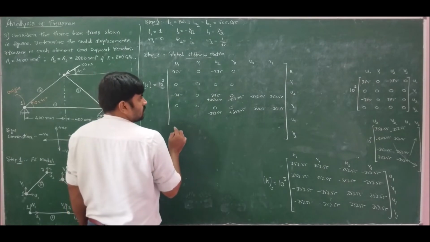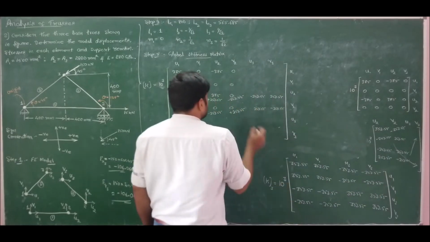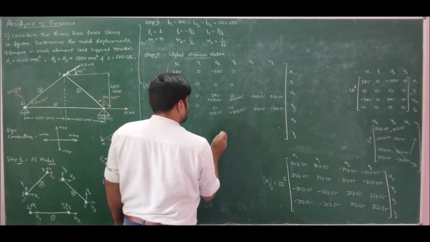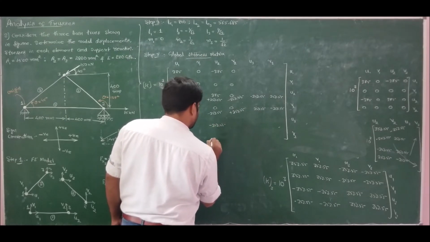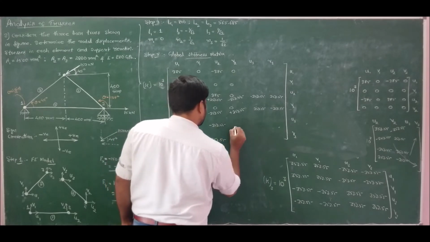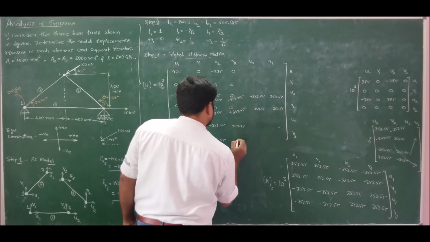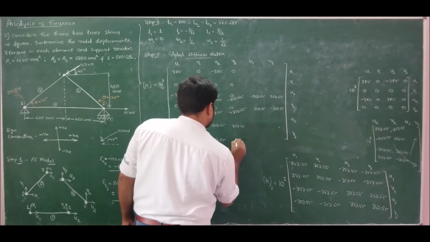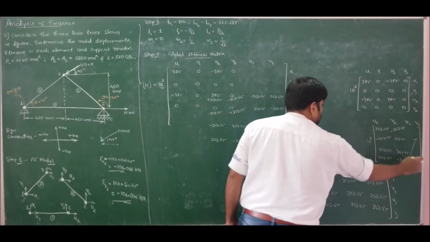Next, moving for next 4, it is u2 v2 cross u3 v3. u2 v2 cross u3 v3 will come here, that is minus 353.55 plus 353.55 plus 353.55 and minus 353.55. Next, going for last 4, it is u3 v3 cross u3 v3.